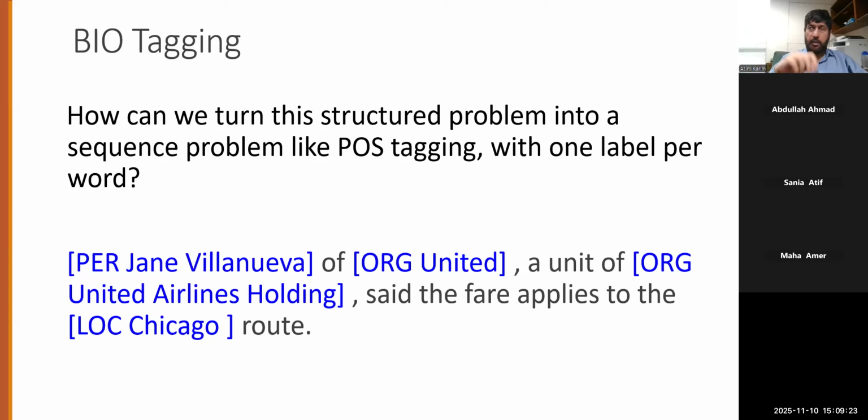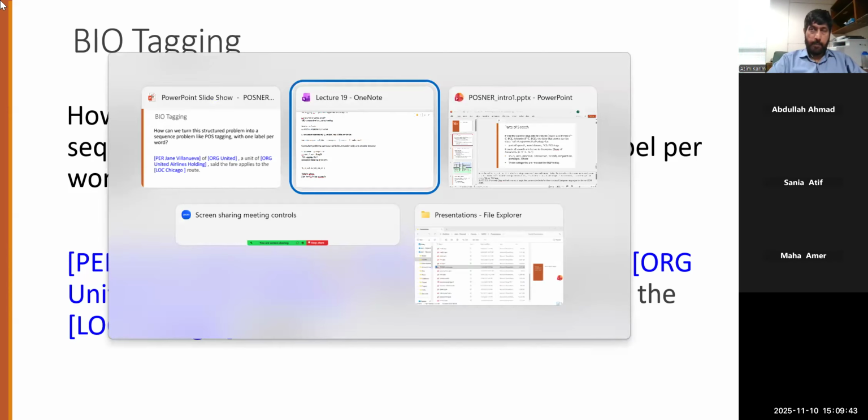B stands for beginning, I stands for inside, O stands for outside. So with every word we have to attach B, I or O, and also a tag corresponding to which entity we are talking about. So let me show you here.